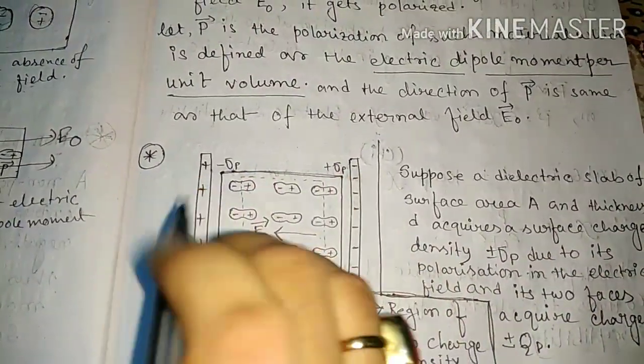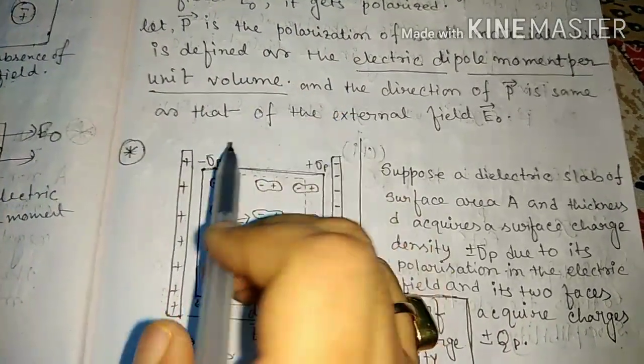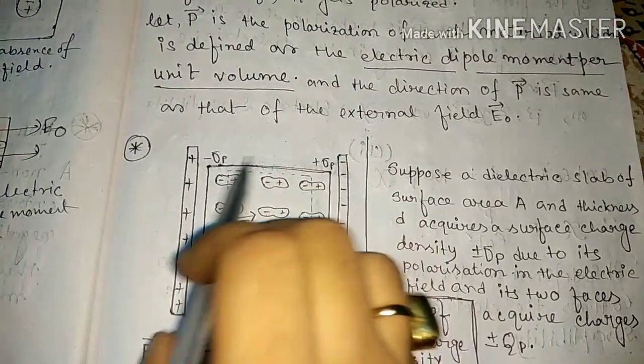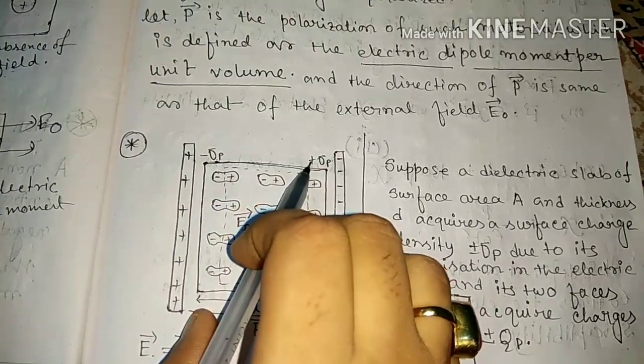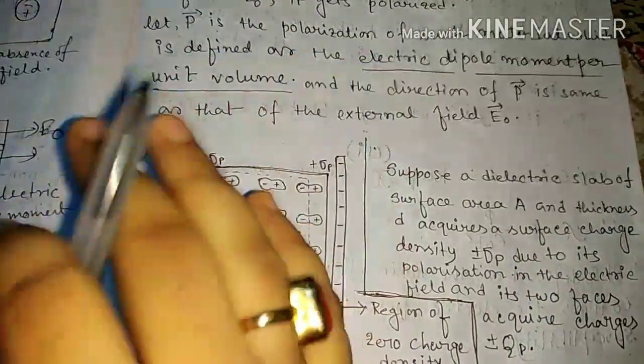Due to this, the left face and the right face of the dielectric acquire surface charge densities minus sigma p and plus sigma p. That means they acquire charges plus minus qp.